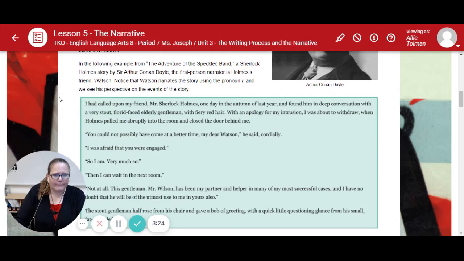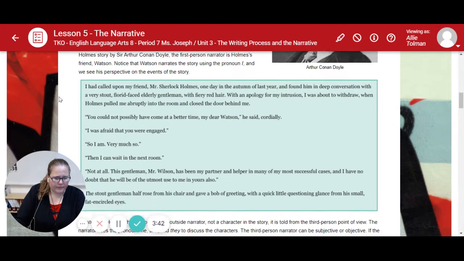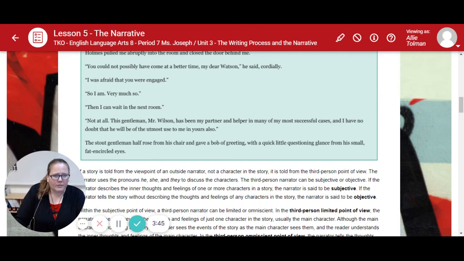I called upon my friend, Mr. Sherlock Holmes, one day in the autumn of last year, and found him deep in conversation with a very stout, florid-faced, elderly gentleman with fiery red hair. With an apology for my intrusion, I was about to withdraw when Holmes pulled me abruptly into the room and closed the door behind me. "You could not possibly have come at a better time, my dear Watson," he said cordially. "I was afraid you were engaged."